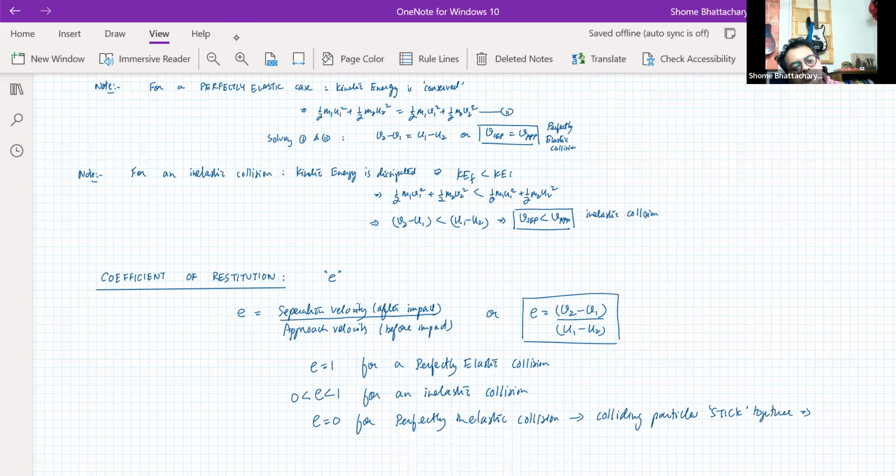So that means their final velocities are common, which means that the separation velocity is 0, which means that the coefficient of restitution is 0. So these are the three cases of the value of coefficient of restitution which become significant.